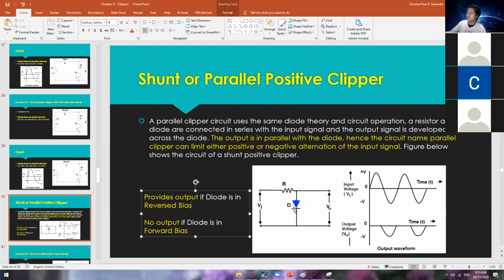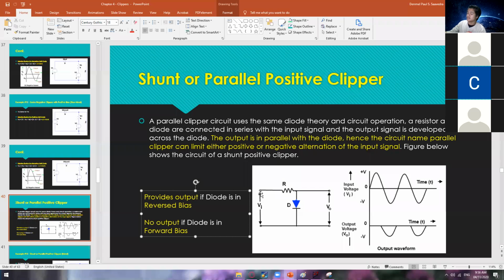So this is in forward bias, and we have a loop here, so it will never reach our V sub O. The only output in this case is the voltage threshold of the diode, which is 0.7 if it's silicon or 0.3 if it's germanium. But if it's an ideal diode, then we have 0 voltage output.